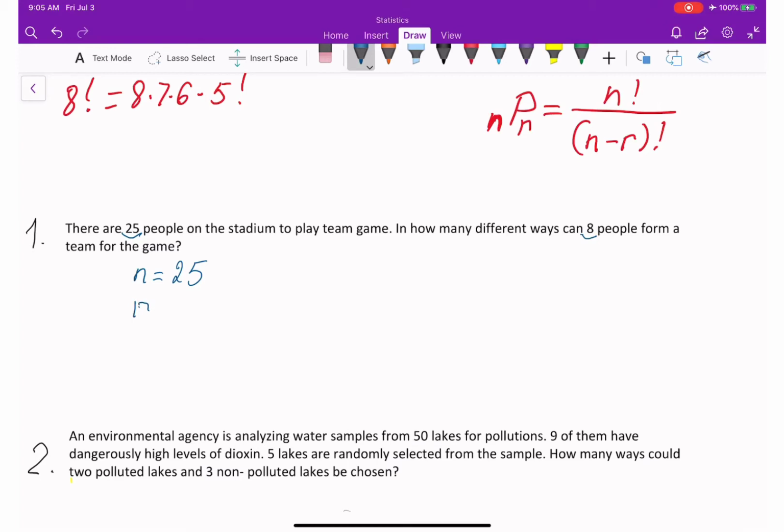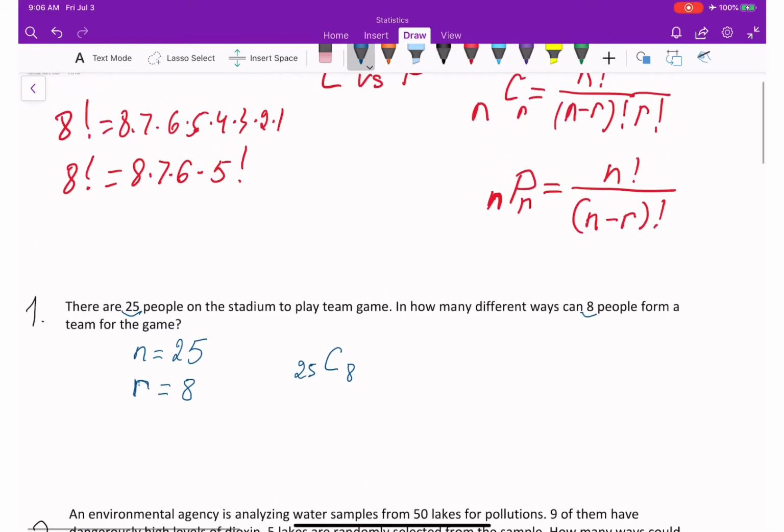Now, is the order important? Which one you will choose first out of 8? No, of course it's not important. Therefore, we are using combination.